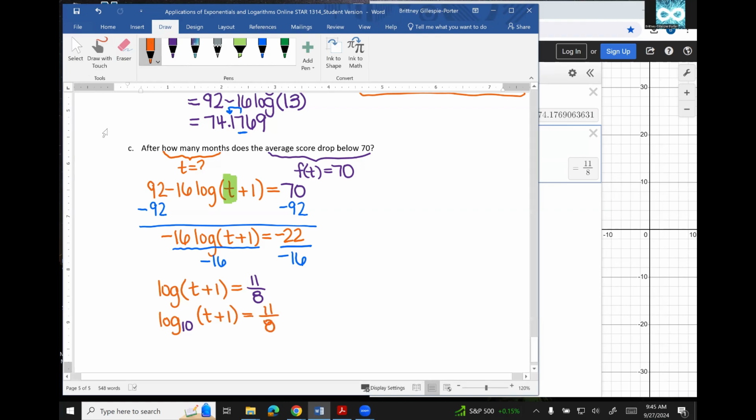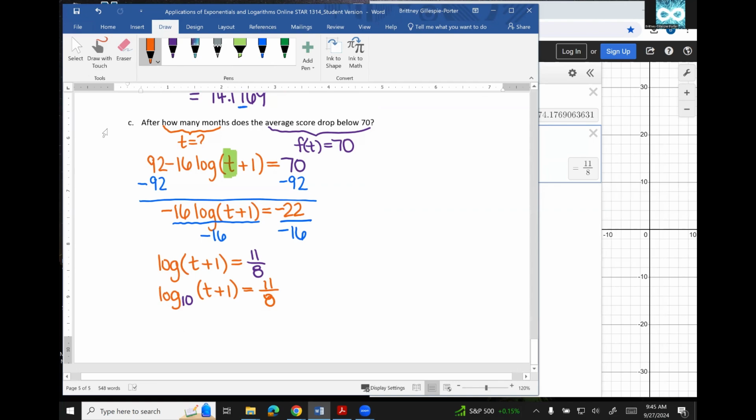And remember that when you are trying to get rid of your log by writing it in exponential form, you're going to use that Spider-Man property. Spidey, swing up. We're going to have t plus 1 equal to 10 to the 11 over 8. And you could put parentheses around that exponent if you'd like.